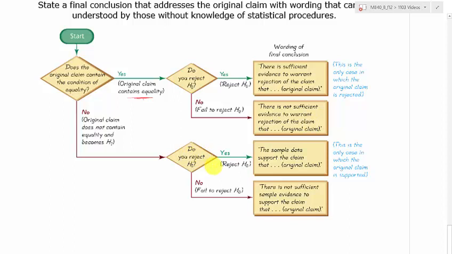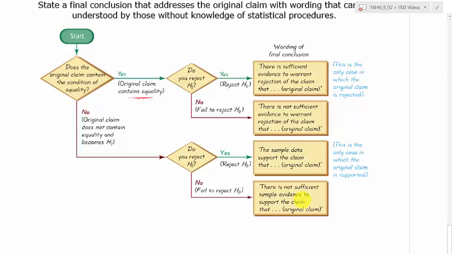If the claim is in your alternative hypothesis, then you're going to make the following statements. If you reject, you're going to say the sample data support the claim that, and then restate your claim. And if you fail to reject the null, then you're going to say there is not sufficient sample evidence to support the claim that, and then restate your claim.